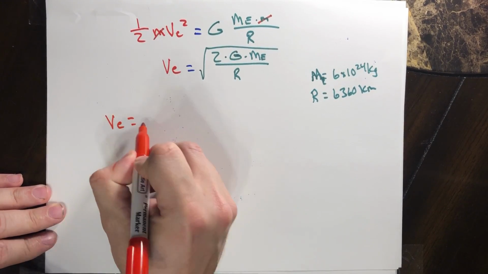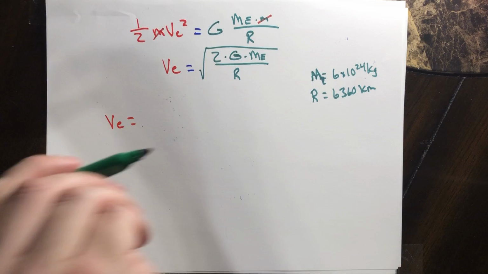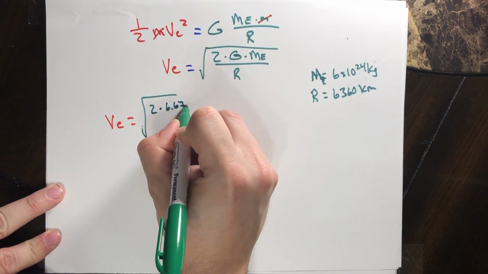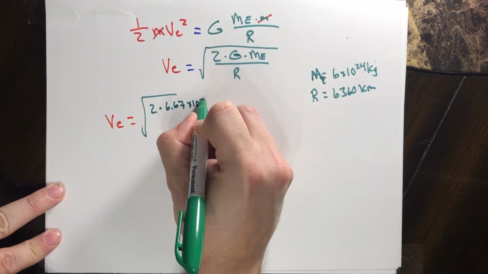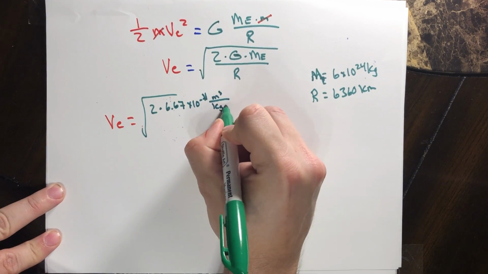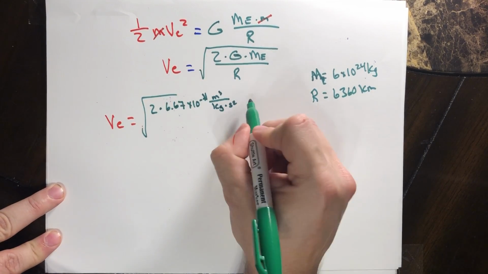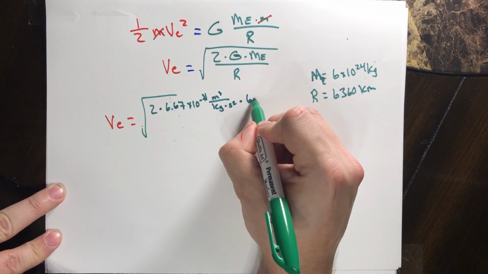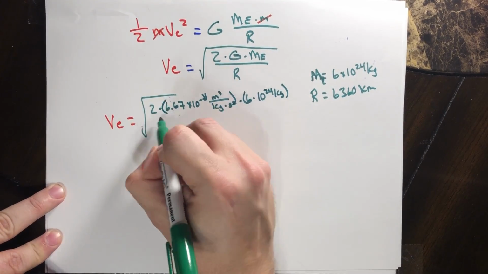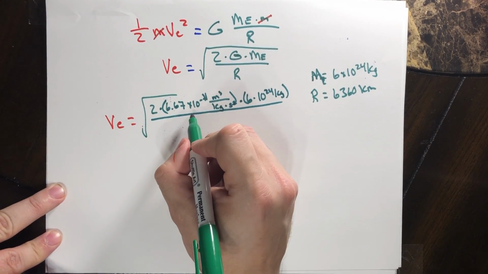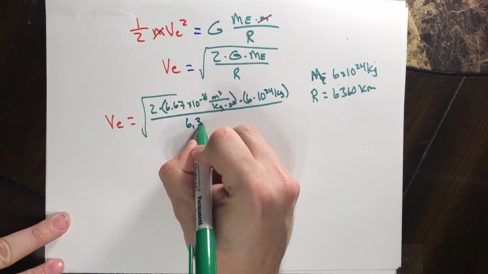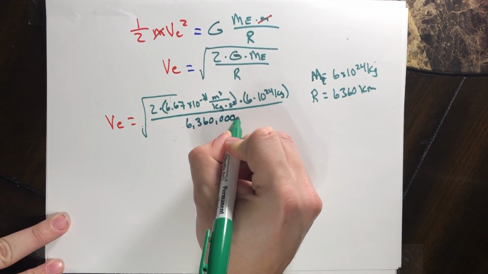So escape velocity equals the square root of 2 times 6.67 times 10 to the negative 11th meters cubed over kilograms times second squared, times the mass of the Earth, 6 times 10 to the 24th kilograms, all over 6,360,000 meters.